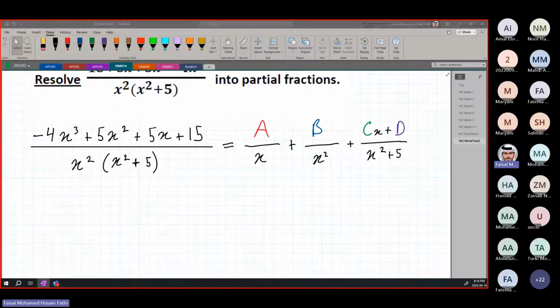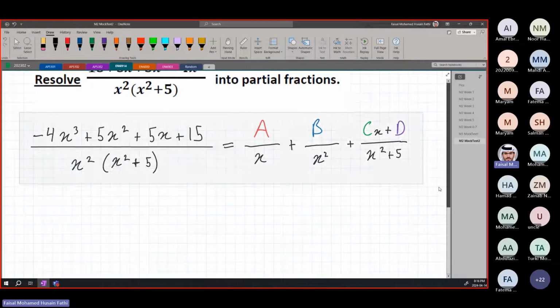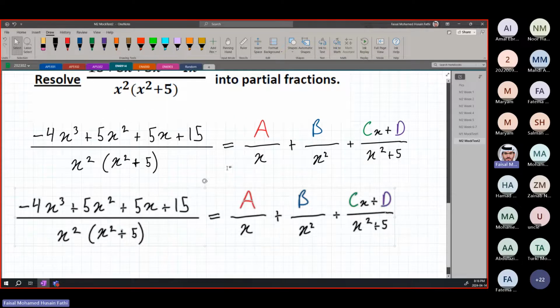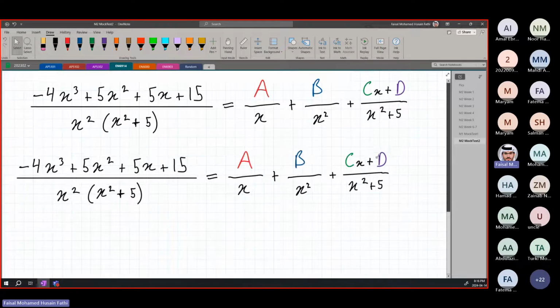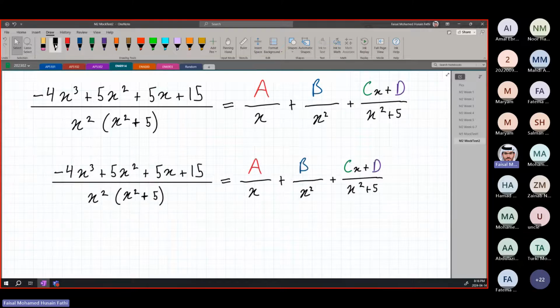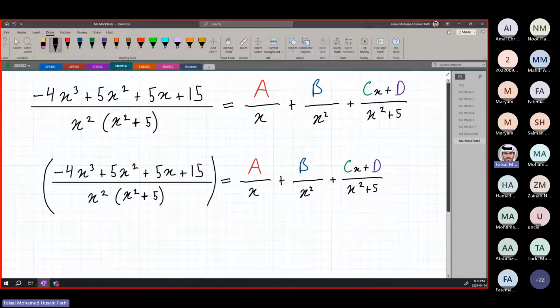So the first thing we're going to do here is, I'm just going to copy paste this down again. We multiply both sides, left and right, by the denominator.